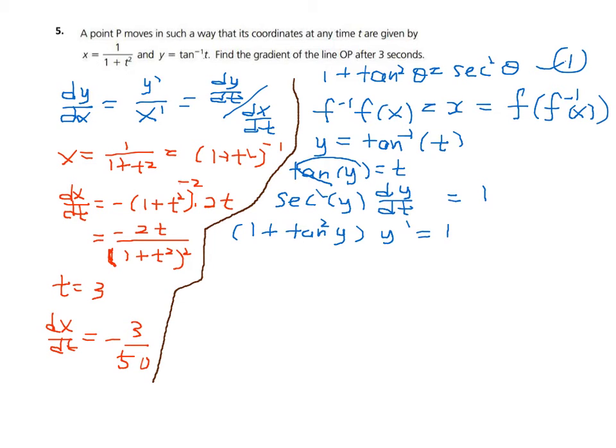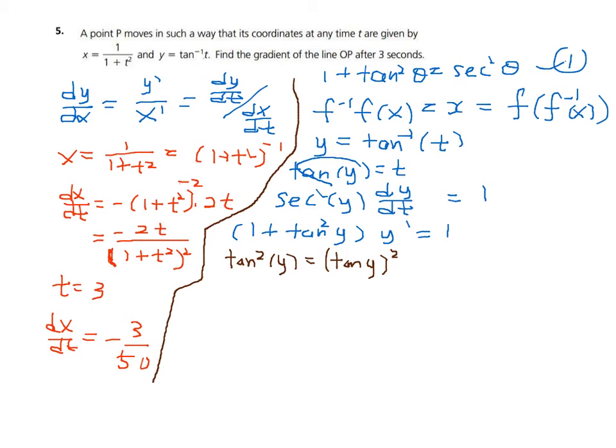Now look at this tangent squared y that we have here. This is really tangent of y to the power of 2. Now y is really arctangent of t, the inverse of tangent of t.